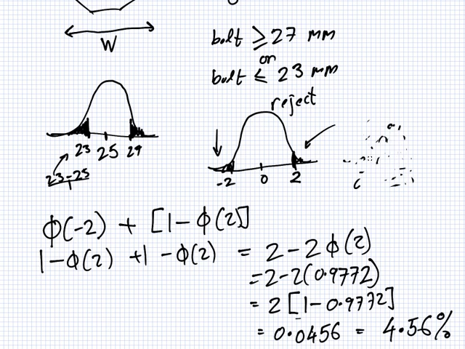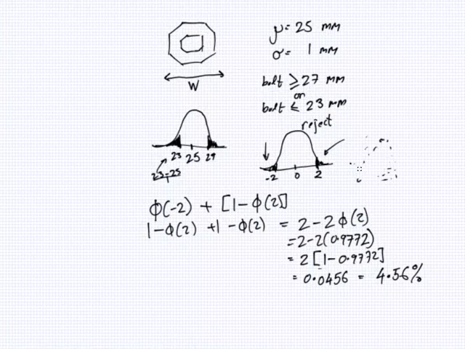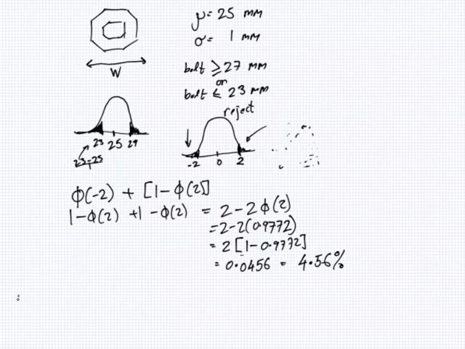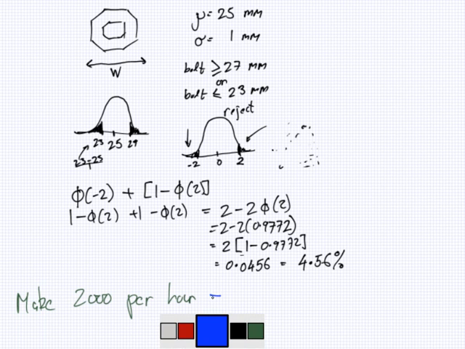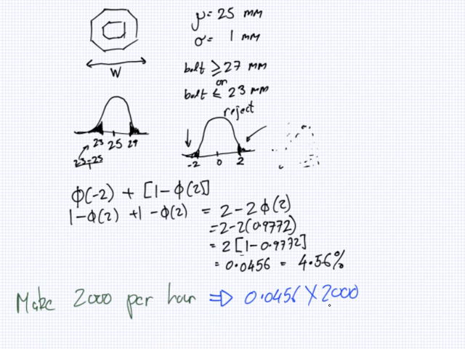So for example, let's say we make, I don't know, let's say we make 2,000 per hour. Then how many do we reject per hour? That's 0.0456 times 2,000 rejected per hour. As an example, what would that number be?